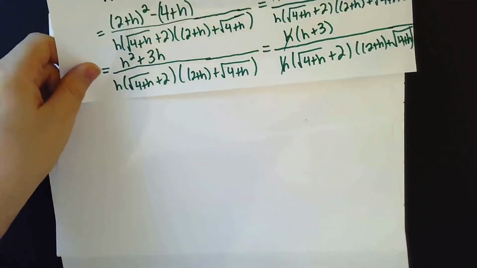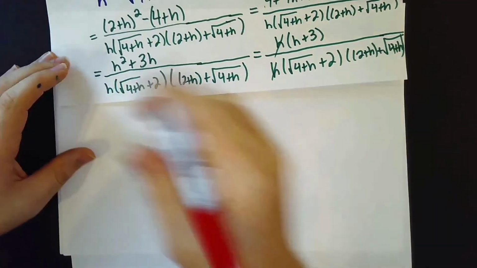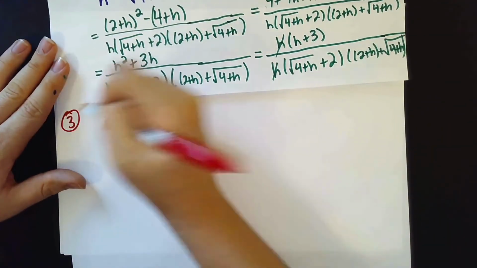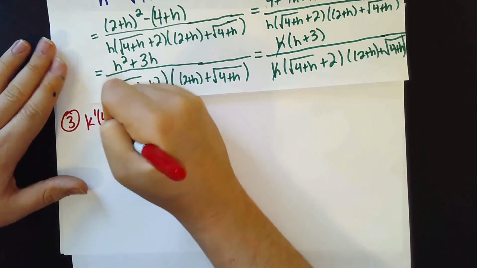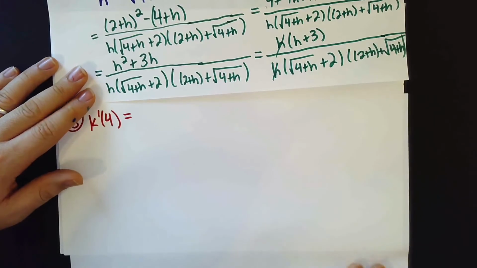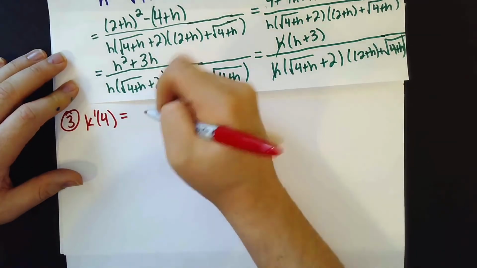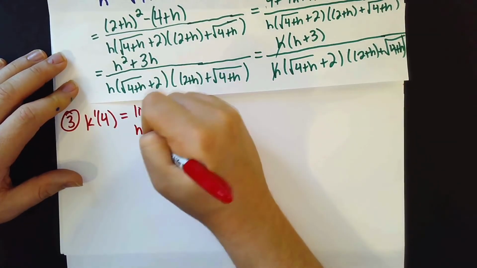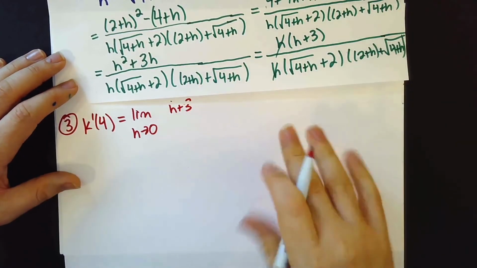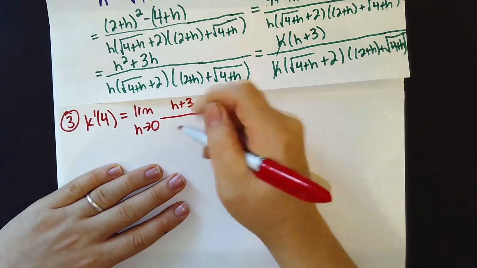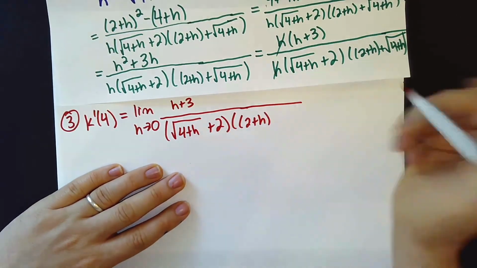So our third step here is going to be to take the limit. So now I want to say k prime of 4 is the limit as h goes to 0 of h plus 3 divided by this whole thing.